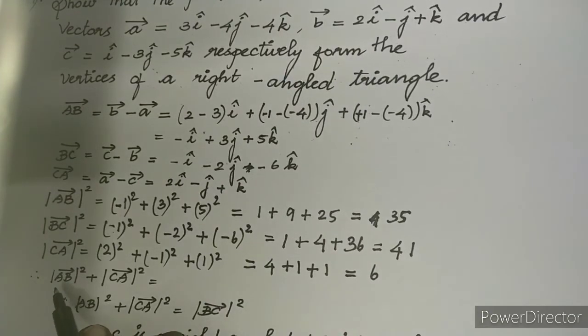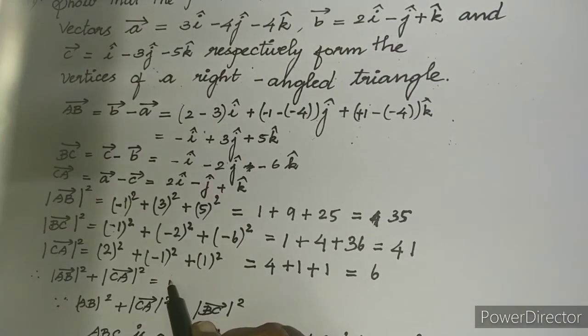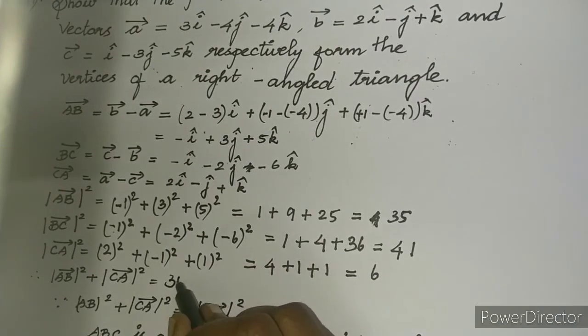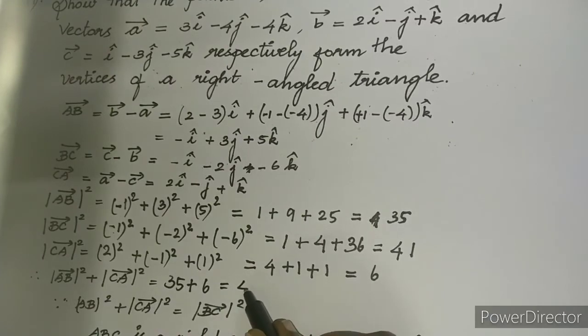Now we are going to add the magnitude of AB whole square plus the magnitude of CA whole square, it is 35 and 6. We add 35 and 6 and get 41.